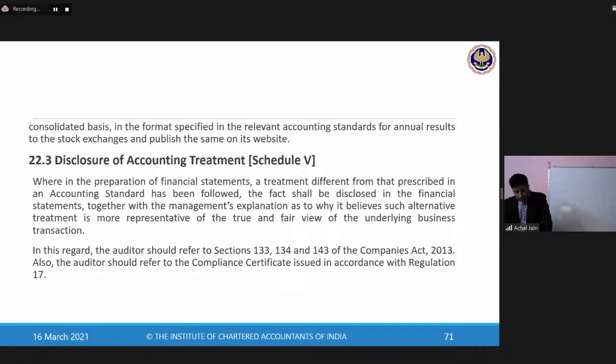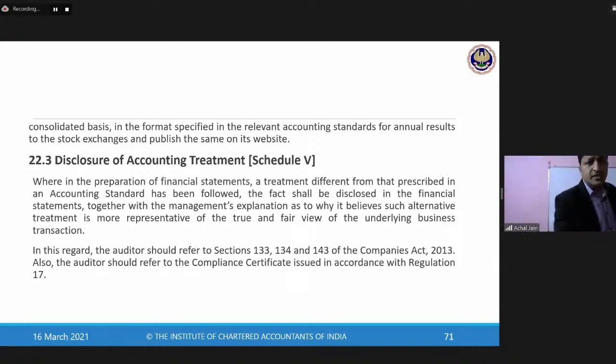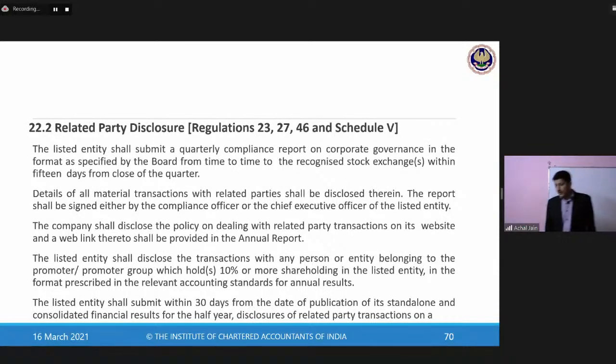Okay. Now let's come back to this requirement of related party disclosure. See, related party transactions are considered to be extremely important. As I have told you, whether it is a listed company or an unlisted company, irrespective of the listing, such transactions are significantly monitored by almost every regulatory authority.